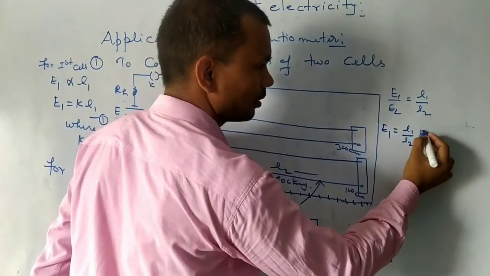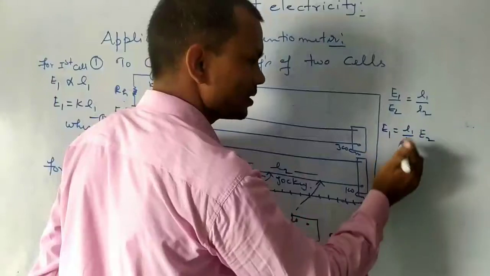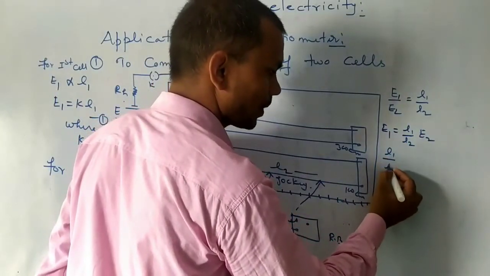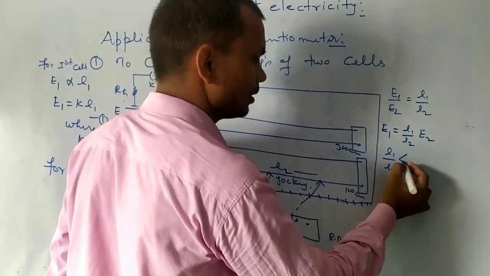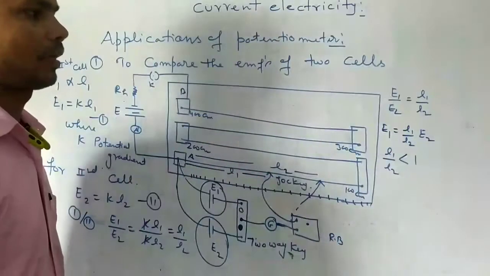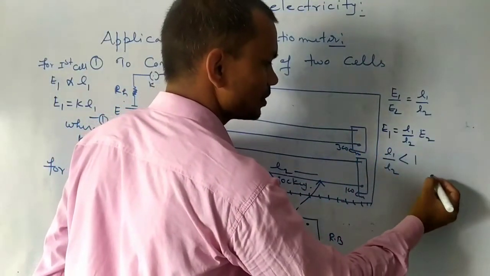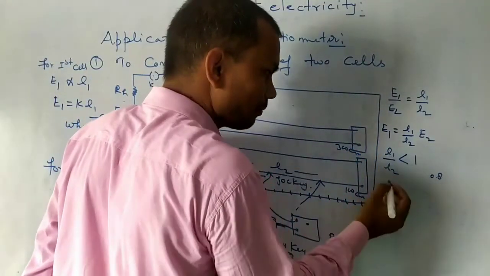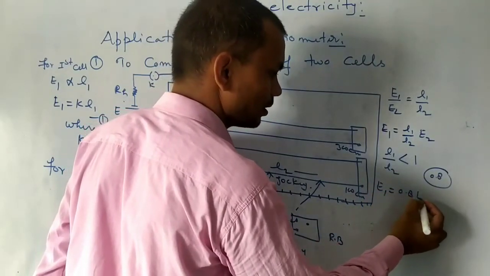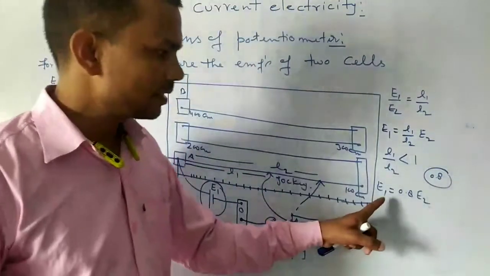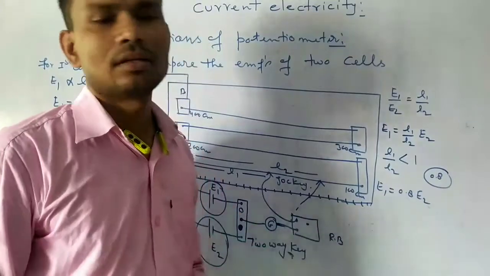Now the condition is that if the ratio L1 upon L2 is less than 1, suppose we get 0.8, then E1 is 0.8 times E2, which means E1 is less than E2.